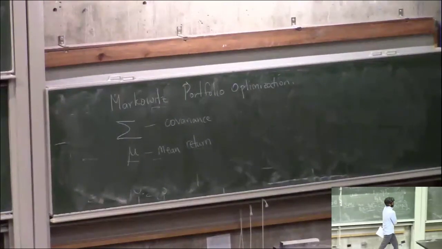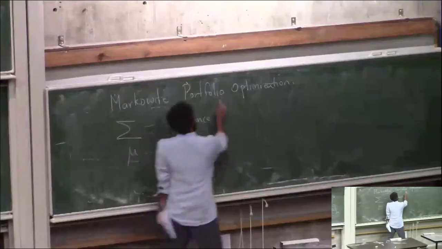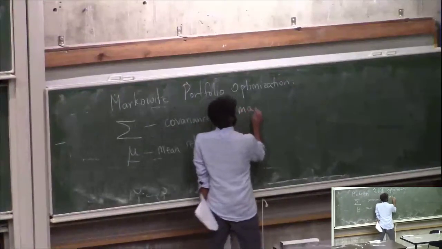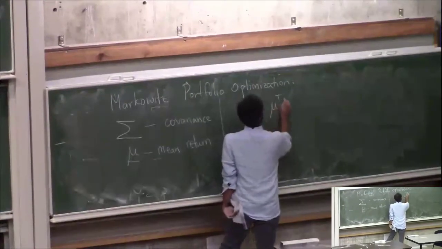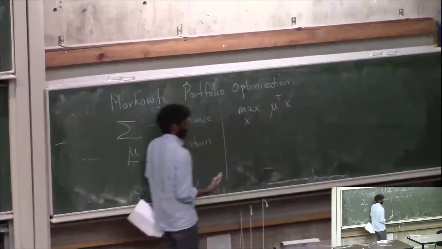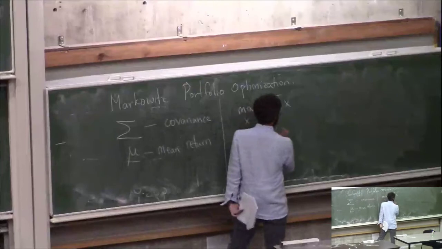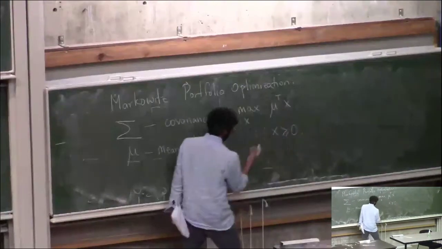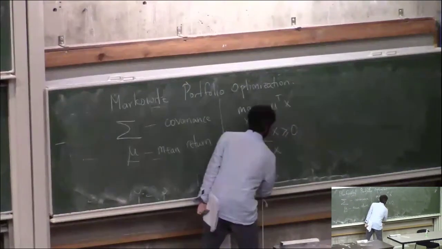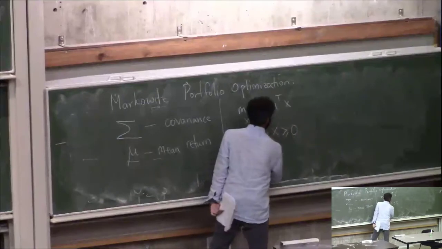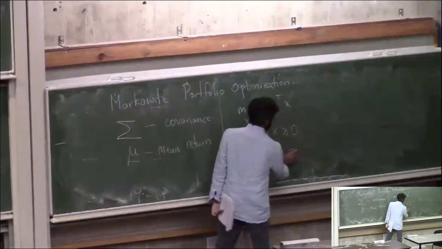So you would like something that maximizes mu transpose x. So x is your investment. Let's say you cannot short sell again, so x's are all positive. The sum of the x's is some budget b.